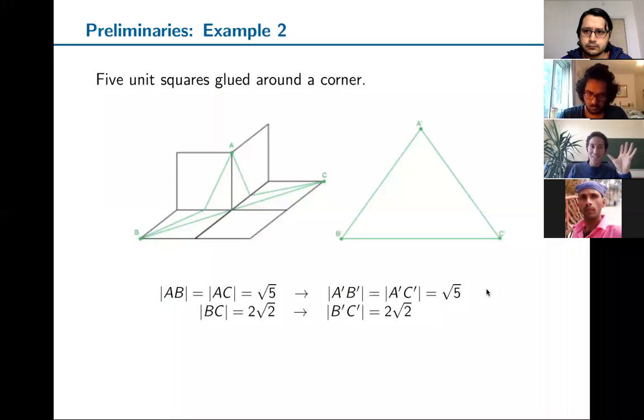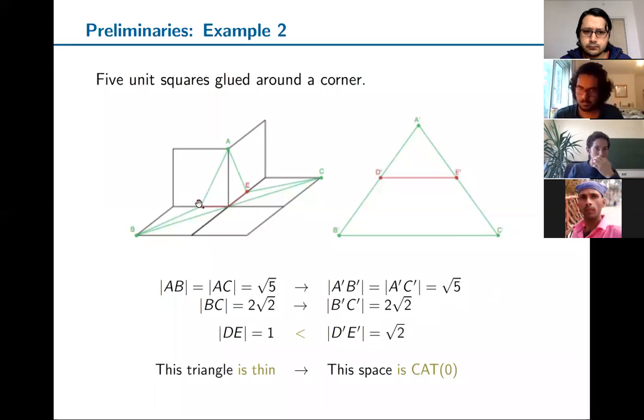I will say that this triangle looks kind of thin, and indeed this is the case. So for example, if you take these 2 points, D and E, and you take the corresponding points D prime and E prime in the triangle in the plane, the distance between D and E is smaller than the distance between D prime and E prime. Okay, so this triangle is thin and your space is CAT(0).